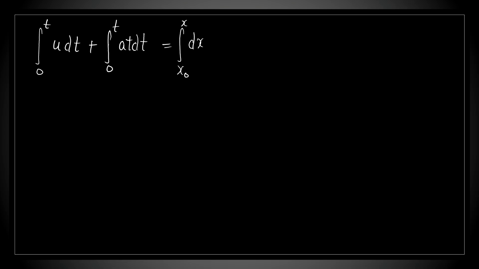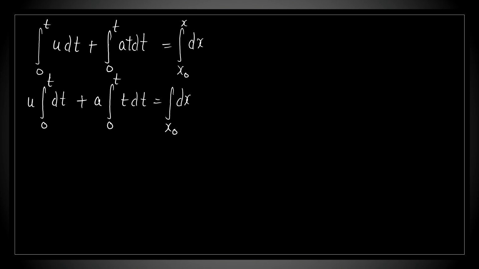Then u is constant, so u times integration 0 to t dt, plus a is constant, so a times integration 0 to t t dt, equal to integration of dx, limits x naught to x.